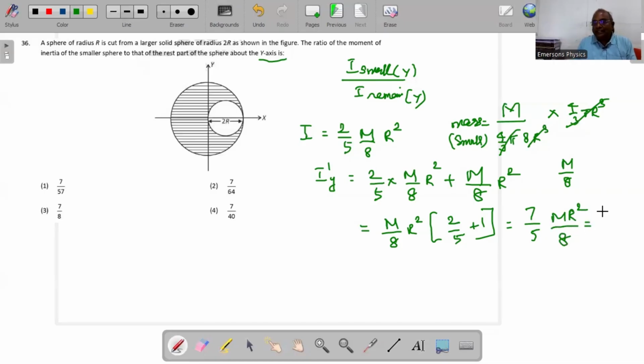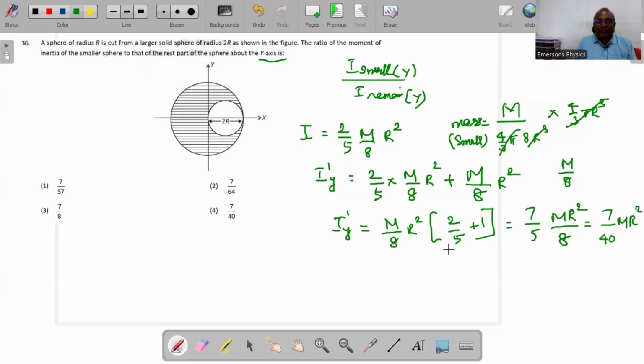So the answer is 7/40 mr². So we have found the moment of inertia about the y-axis of this small portion of the element.